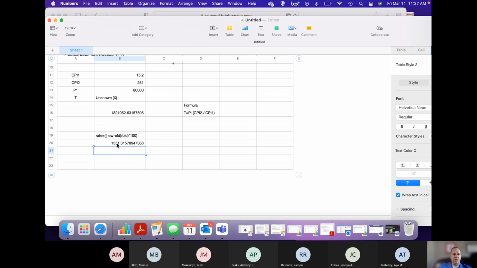I have a bad habit of not thinking of that because when I see a decimal, like 0.10, to me that's 10%. So I convert it in my mind, but technically I'm multiplying by 100 to move the decimal over. So we can see that from 1931 to present, prices have risen 1,551%.